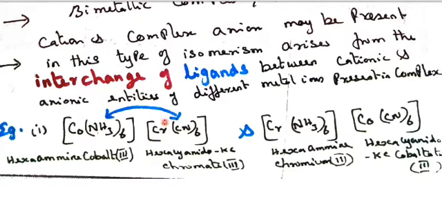For an anionic complex, the central metal ion ends with -ate, so it is chromate(III). Then next, we interchange this. Chromium contains the amine ligand and cobalt contains the cyanido ligand. So hexaamminechromium(III) and here it is an anionic complex, so hexacyanidocobaltate(III).